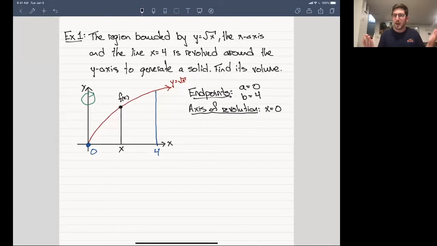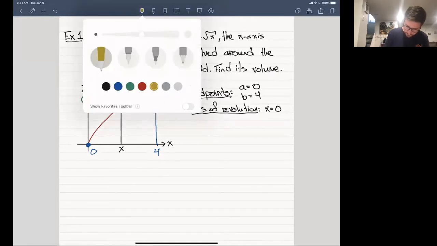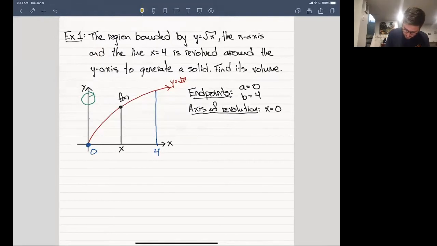And what you can imagine happens in the limit here is I take that line and I sweep that line all the way around the y-axis to get this sort of infinitely thin little cylinder that has a radius given by, maybe I'll try and use a different color for this. Its radius is given by x. Its height is given by f of x.